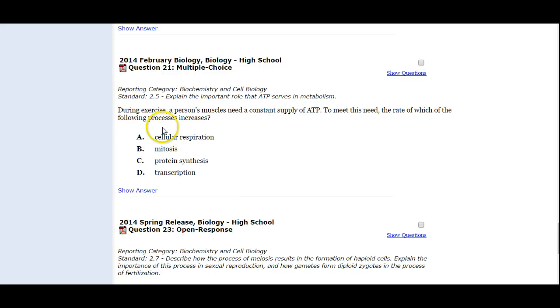Oh, here's one that's my favorite topic. During exercise, a person's muscles need a constant supply of ATP. What's ATP? Energy. To meet this need, the rate of which of the following processes increases? Hint, hint. This is one I have been drilling into you forever.